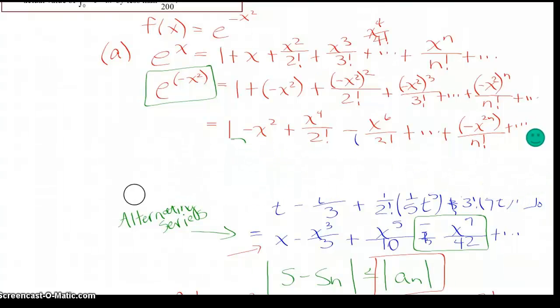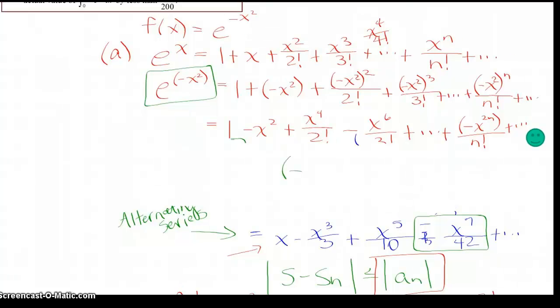I wish these things would just go down indefinitely, but they don't. All right, so I'm going to try to hurry. So we have x to the 4th over 4 factorial. We would have had to plug in that value. We'd get positive x to the 8th over 4 factorial.